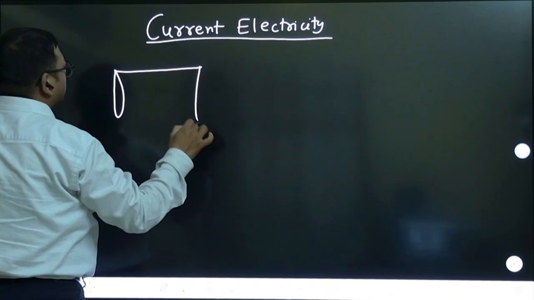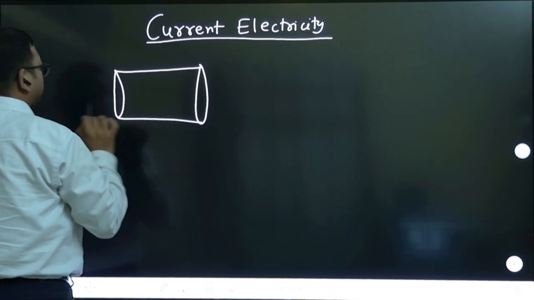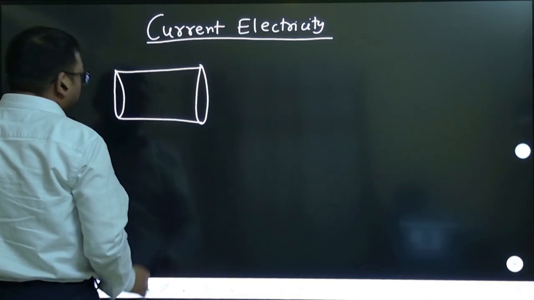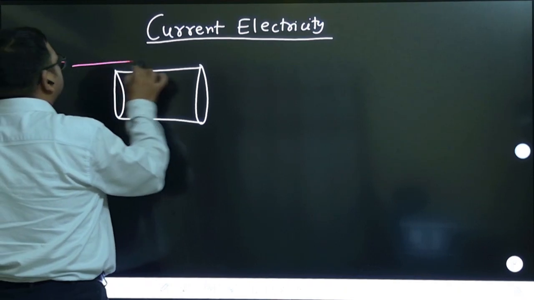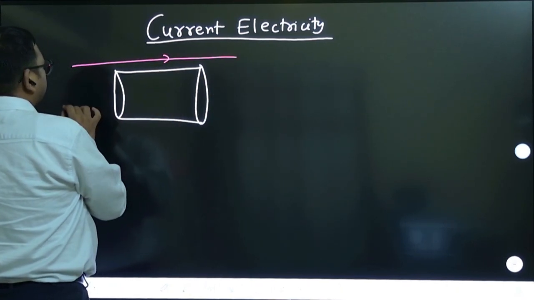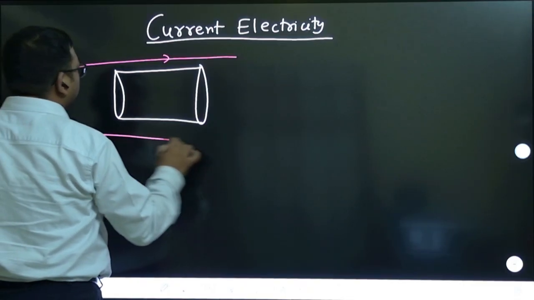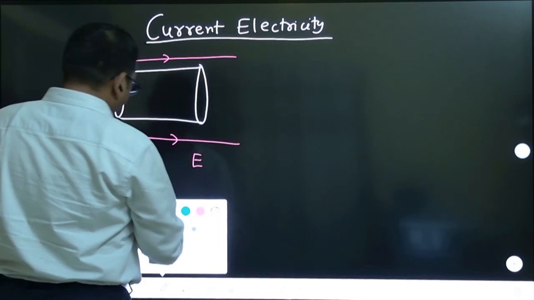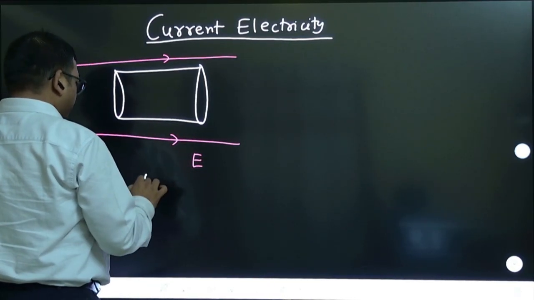The first question is, if there is a conductor and you keep an external electric field, some field you are keeping, this is one case, this is electrostatics.